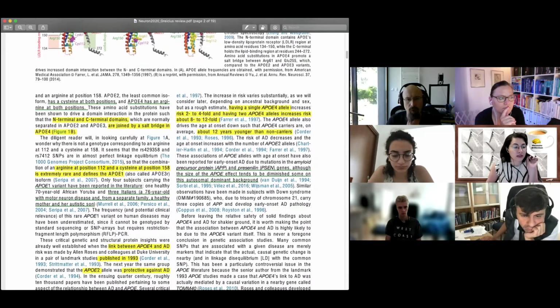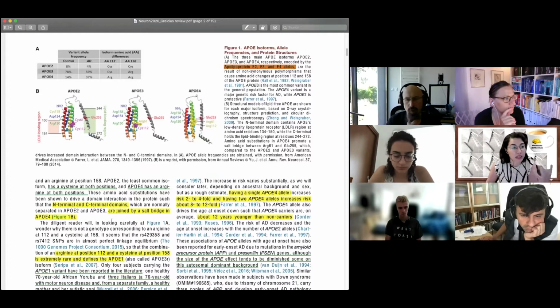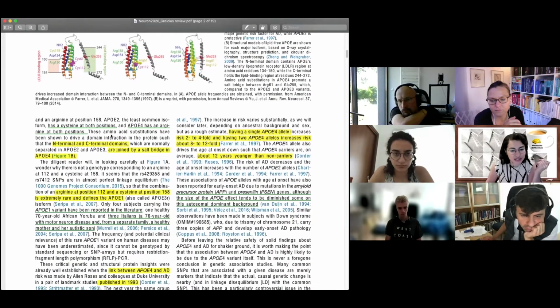Then there are a lot of studies discussing the correlation between, in particular, APOE4 and neurodegenerative diseases.